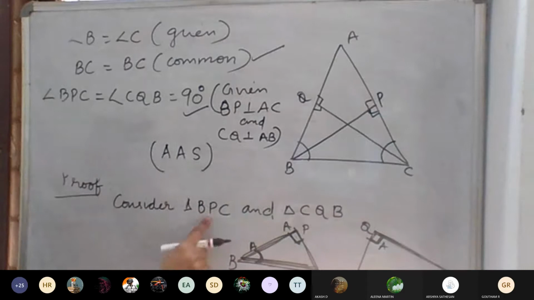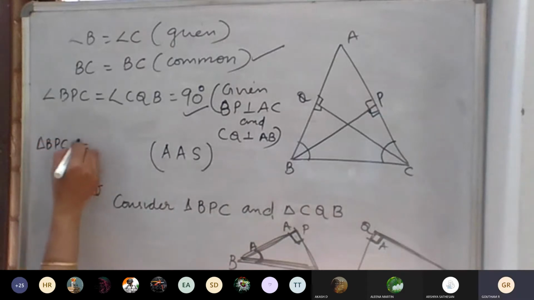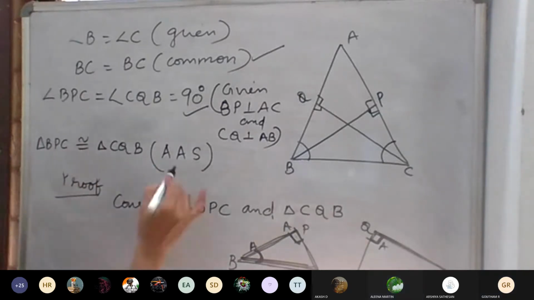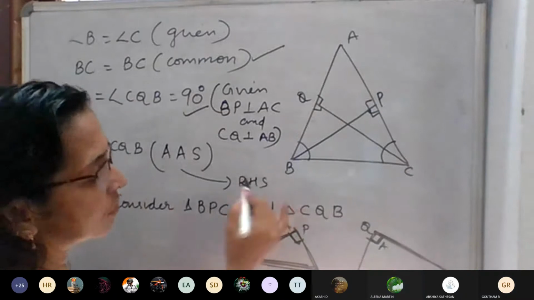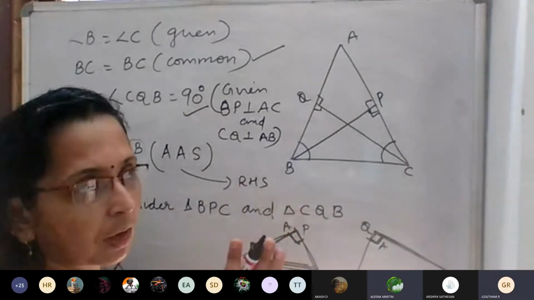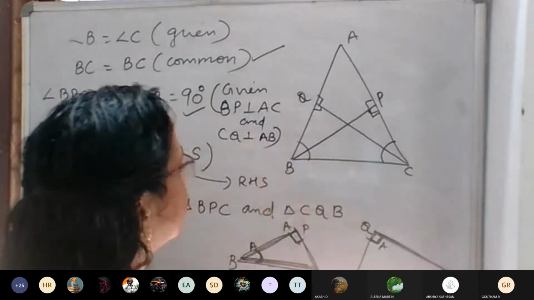Triangle BPC is congruent to triangle CQB using AAS. Understood why we are not writing RHS? Any doubt in this? Wherever you see 90 degrees, you have a tendency to write RHS. Please don't write RHS there.